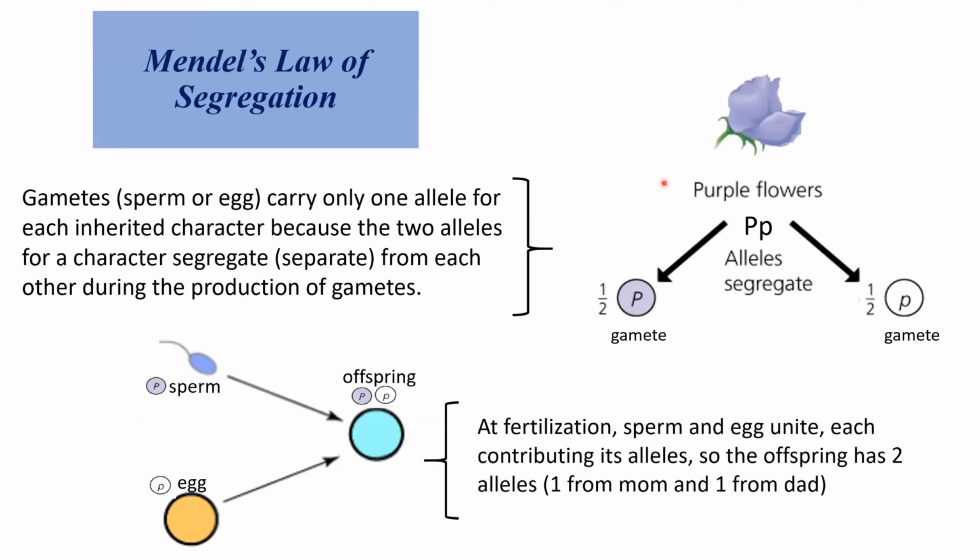The other thing that Mendel observed when he did these experiments is the law of segregation. Essentially, a sperm, which is shown here, and an egg are going to carry only one allele for each inherited character. So here the sperm carries the allele for purple flowers, and the egg carries the allele for white flowers.